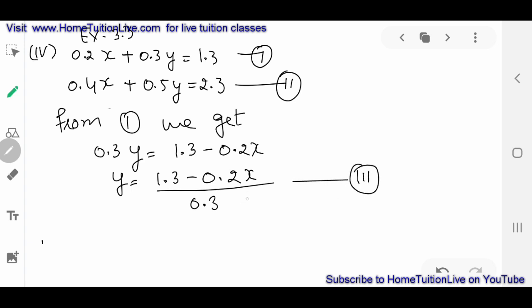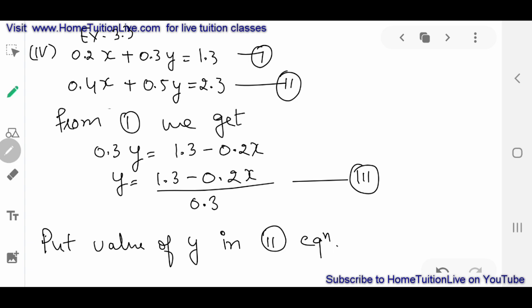Now put the value of y in the second equation.